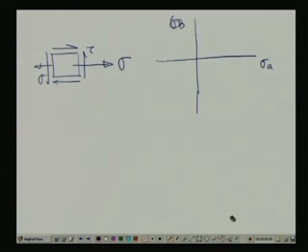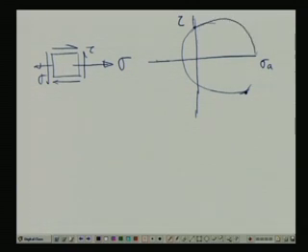This is your tau axis, we plot these values. This is minus, just like the way we did it earlier. Here will be one point, here will be another point, and we draw the Mohr circle.